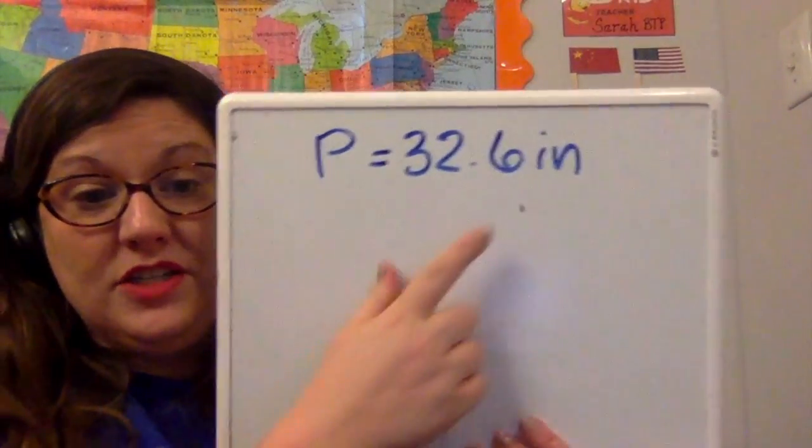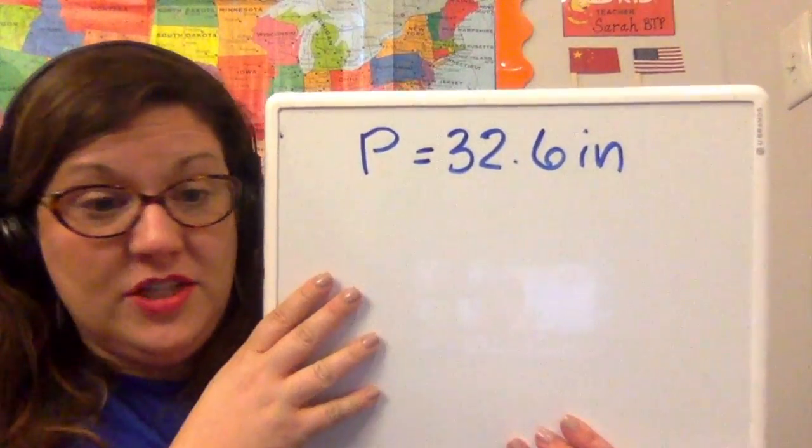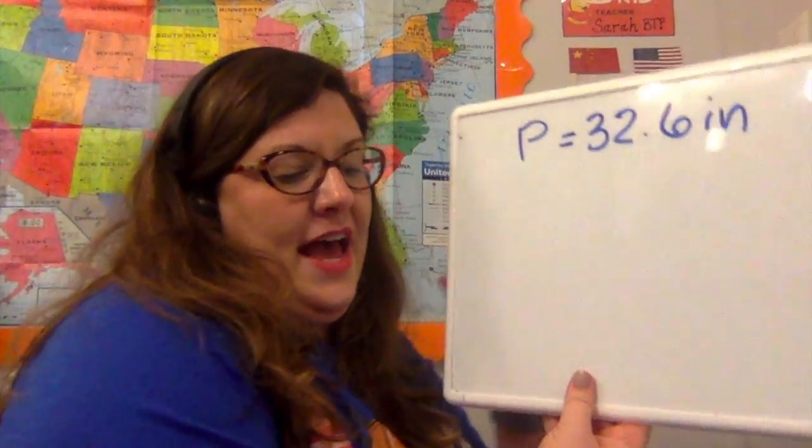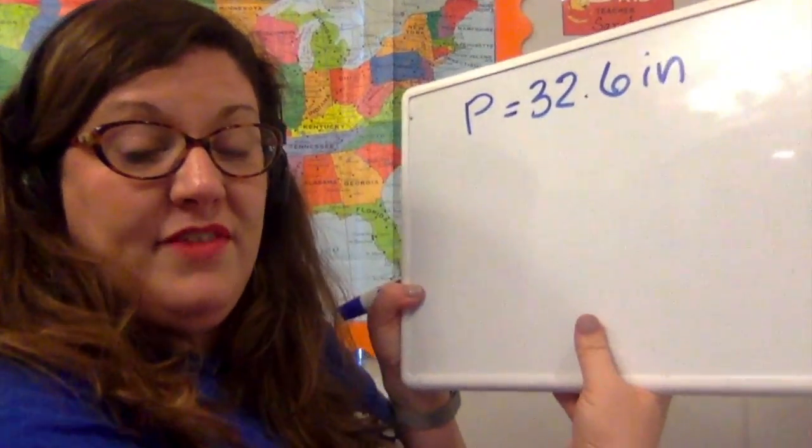Okay, the first part said a parallelogram has a perimeter of 32.6 inches. So P is 32.6 inches. So I'm starting by just making notes of the information that was given. Second, it says two of the sides are each 2.5 inches long. And again, it said it was a parallelogram.